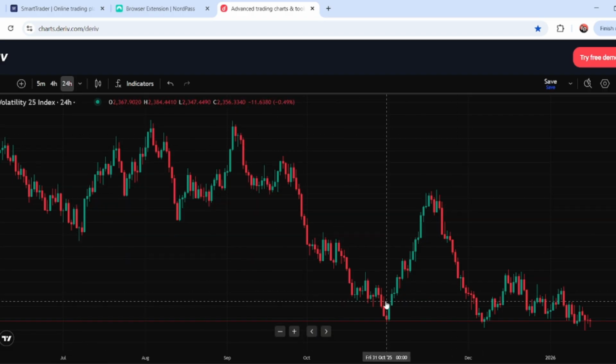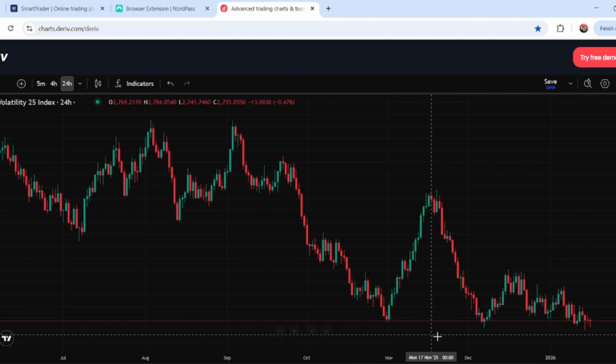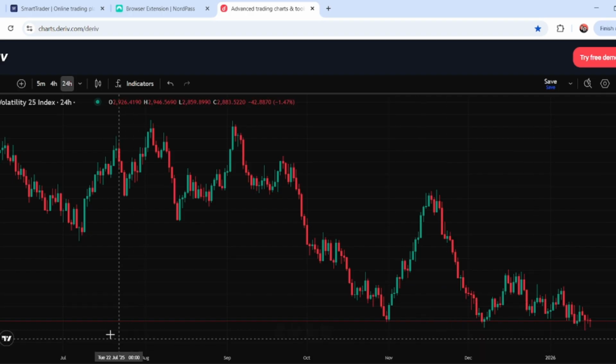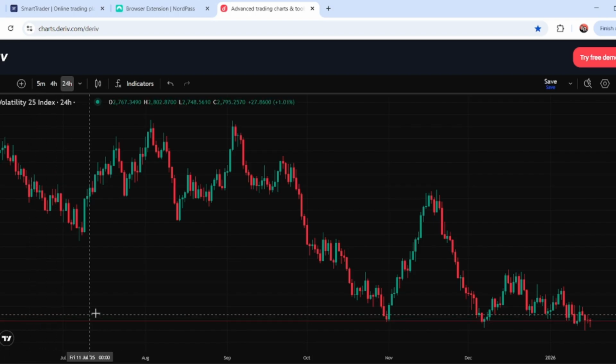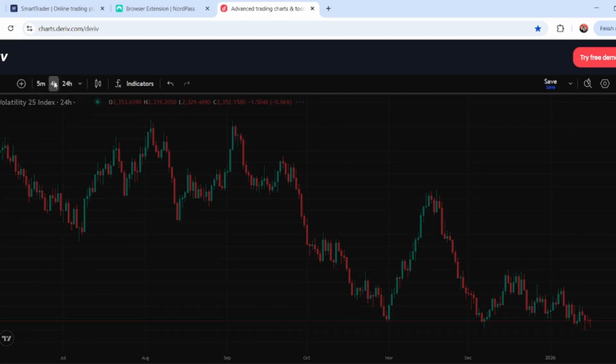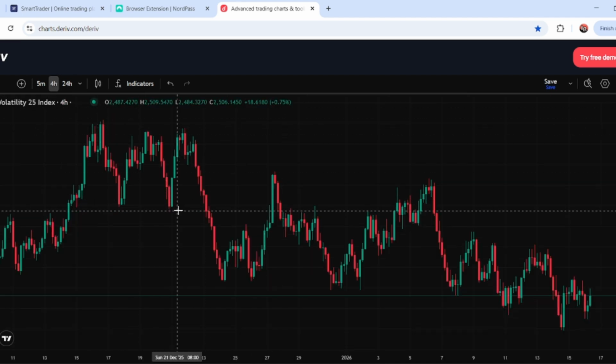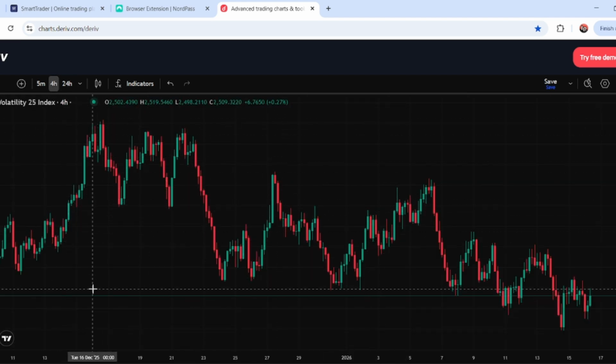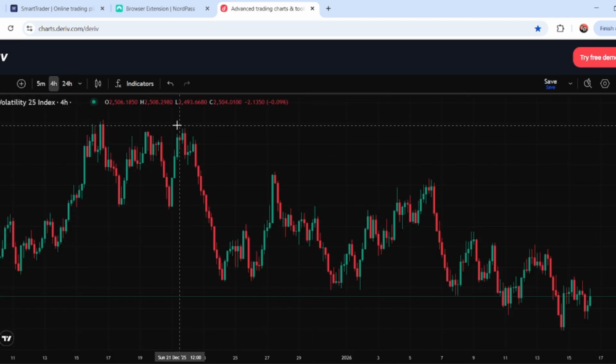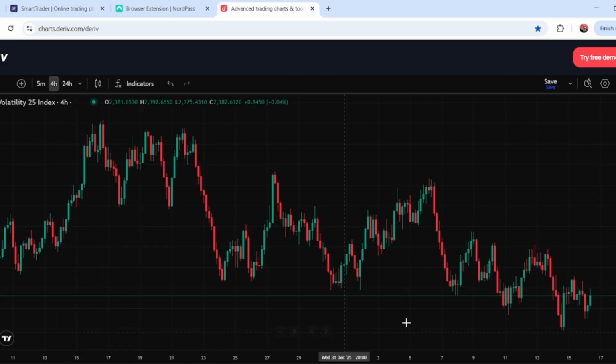Wow, so this is the Deriv TradingView right here. Deriv has upgraded a lot so far. For a long period of time, I haven't seen Deriv make such improvement. Currently this is the daily time frame. I'm going to switch it to the 4 hours time frame. So right away, this is the whole broad market. It's like seeing the whole world on one screen.